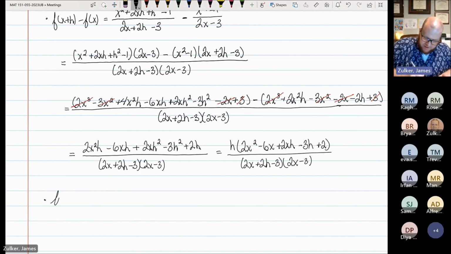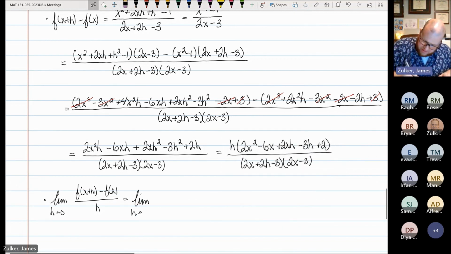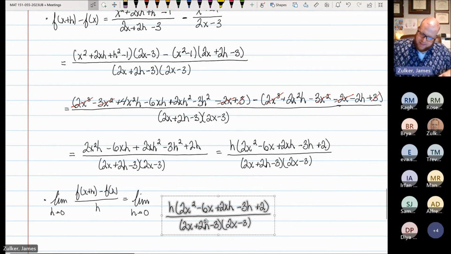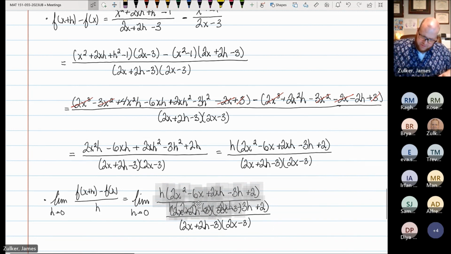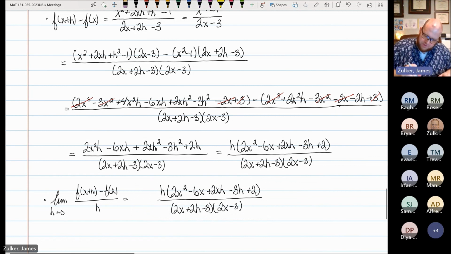Finally, almost done. Now all that's left to do is take that and pass it through the limit as h. No, I have to divide by h first.